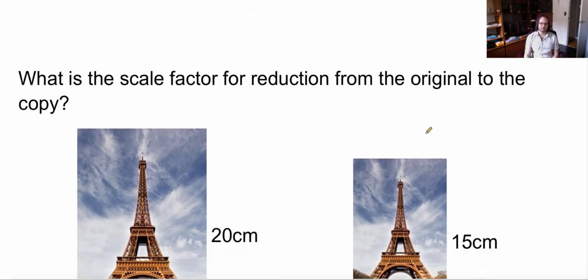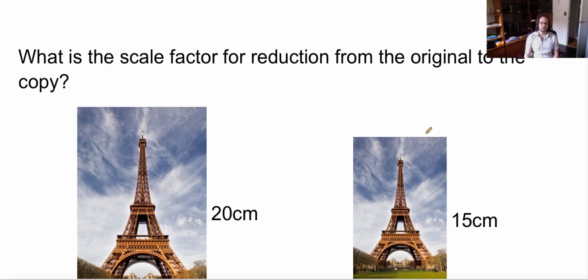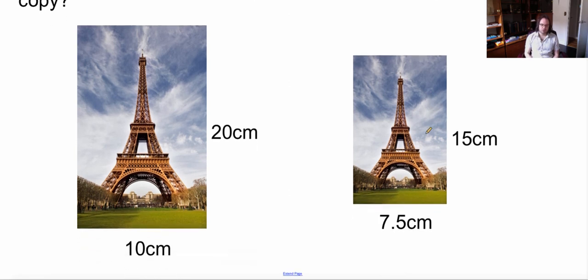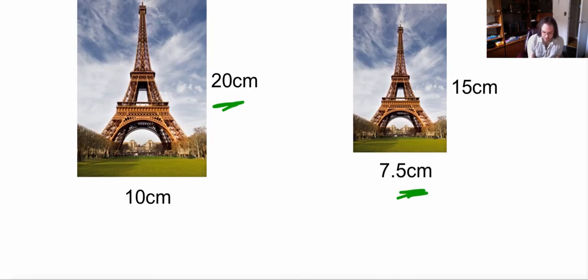Let's take a look at my second example. It wants the scale factor for the reduction from the original to the copy. So here's my original, and this must be my copy. I want to know the scale factor of the reduction. Once again, I have to take one side of the dimension, so I'm going to go 20 and 15.